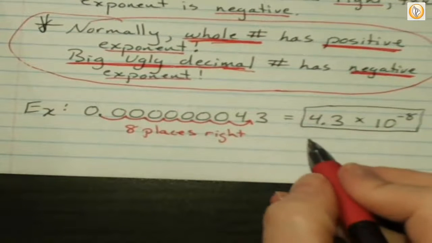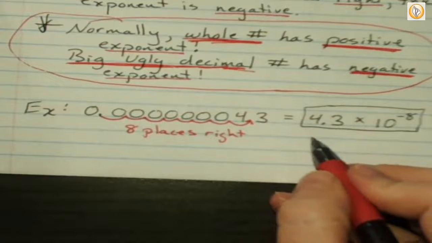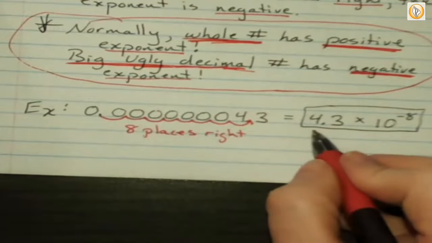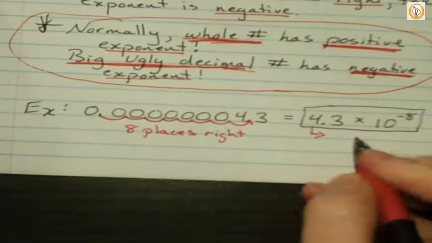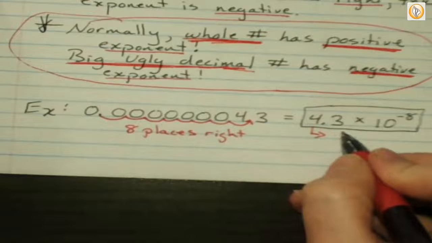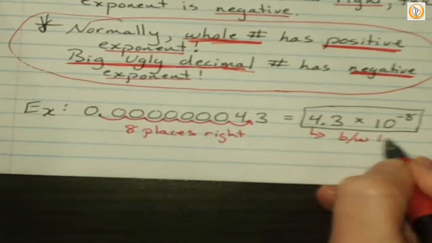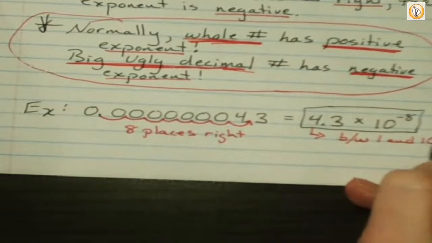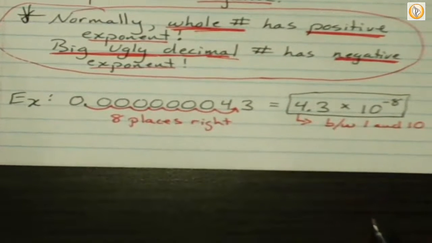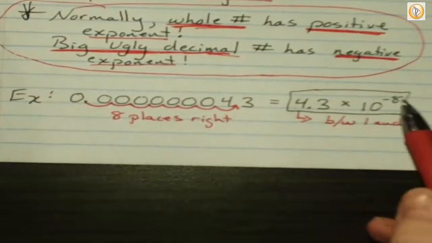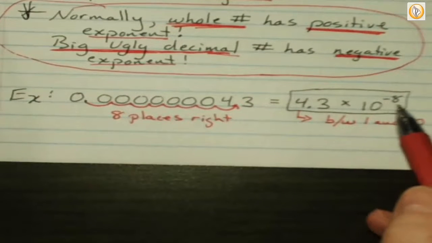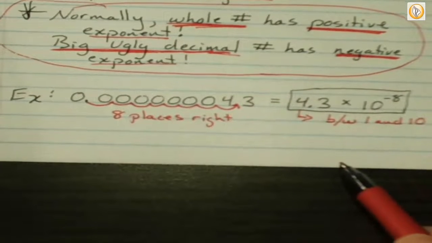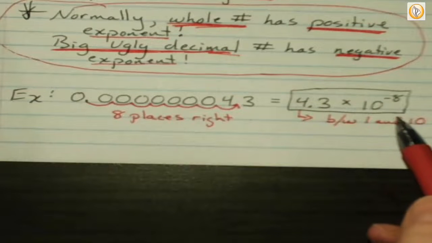Why is it called scientific notation? I don't know. I'm sure your book explains it. That number is between 1 and 10. And unlike the last couple of days where I'm like, nope, you can't have negative. You got to put that under 1 so that it becomes positive.